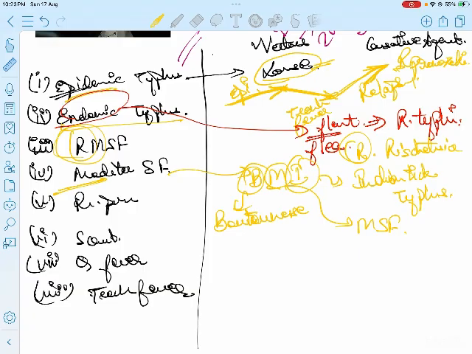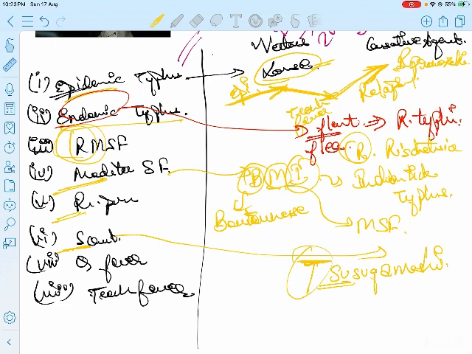Okay, then rickettsial pox. For scrub typhus, we can remember it as S for S. Causative agent is Orientia tsutsugamushi. So tsutsugamushi, the way it is spelled, when we write the T that is there.